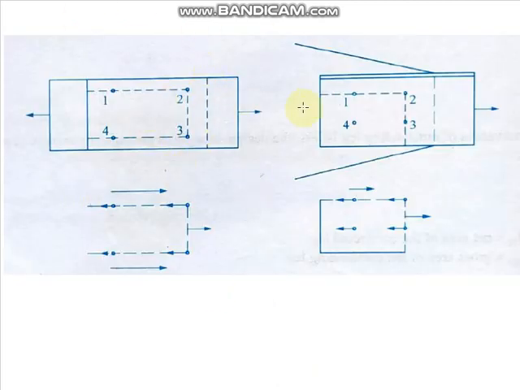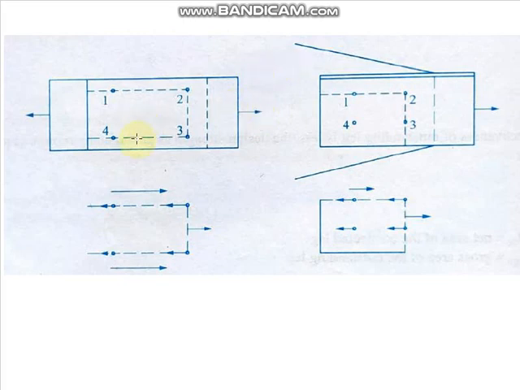Here in this slide, we will study the shear failure plane and tension failure plane. Here in this first figure, two plates are connected using bolts, and this is the direction of force applied.